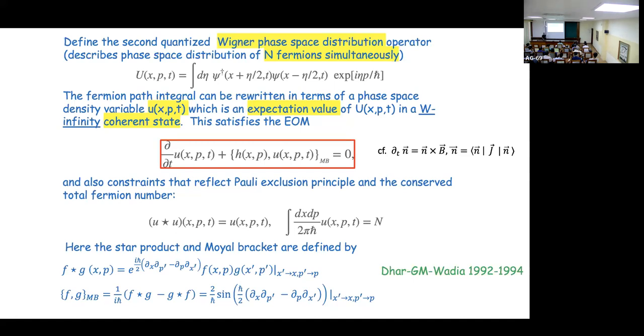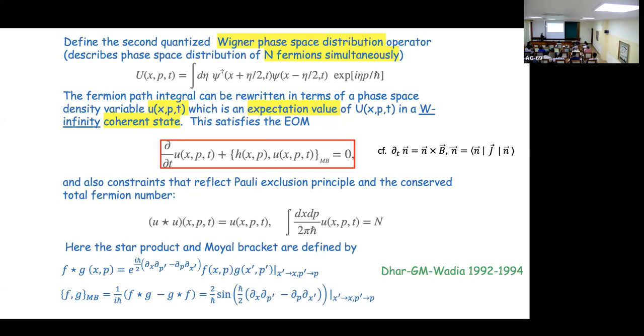The fact that you're doing many particles is not important. Just a single fermion will remain the same. If there's some uncertainty, the single particle will also obey this equation. It's really h bar.